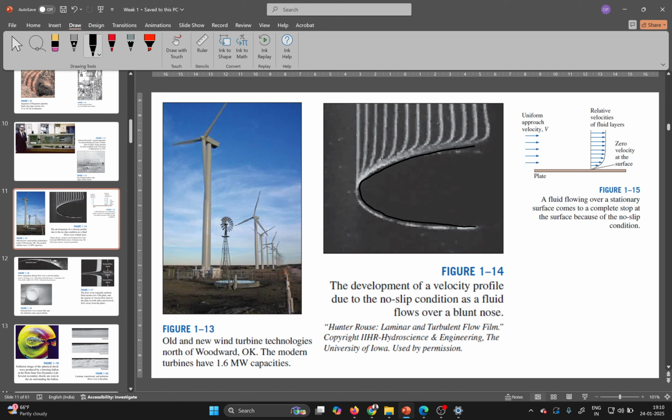Your fluid velocity is almost zero here, and it increases very slowly near the surface, then after a few it attains the constant velocity. So here you can see, in a simplified way, the representation of your velocity distribution in 2D.